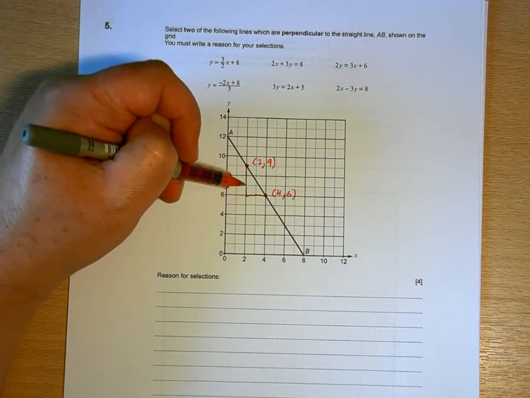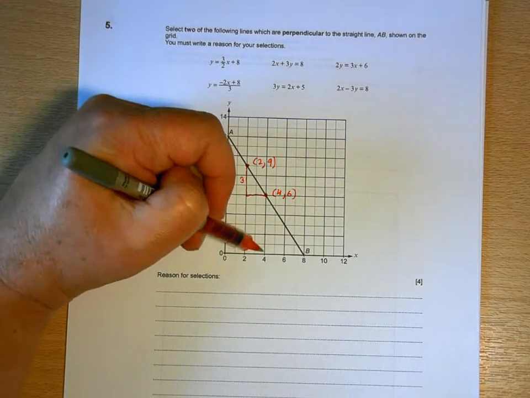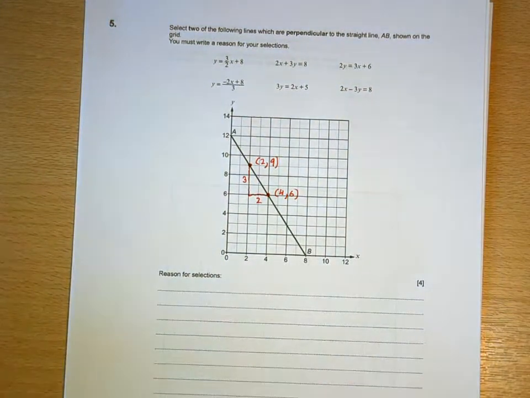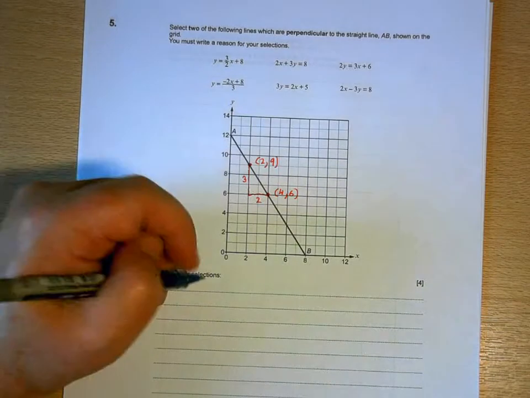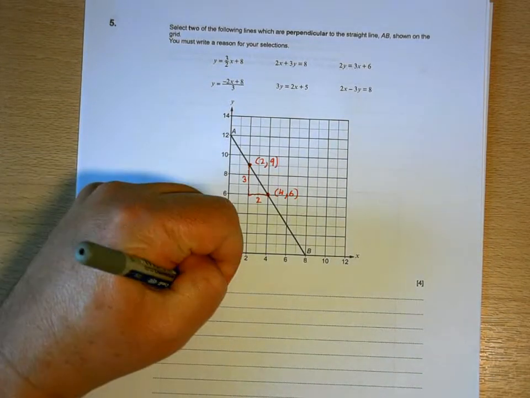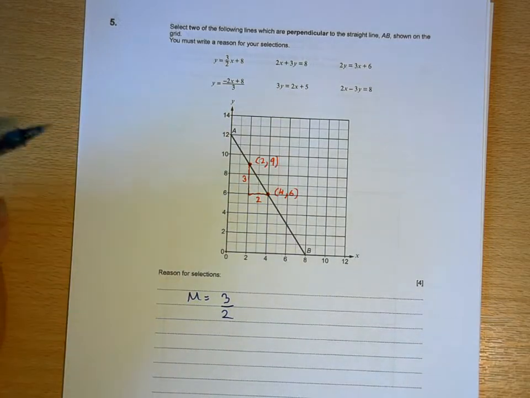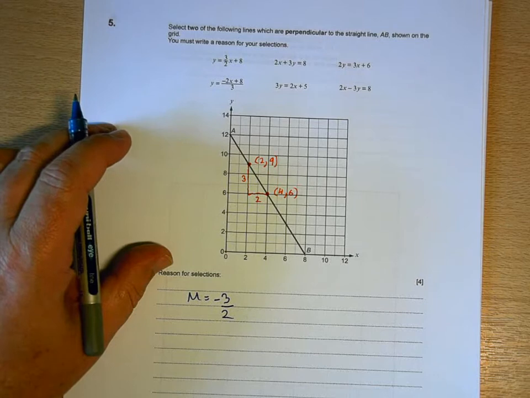So I need this distance, which is 1, 2, 3. And I need this distance, which is 2. So the gradient is y difference over x difference, 3 over 2, and it's a downhill line, so it's a negative gradient.